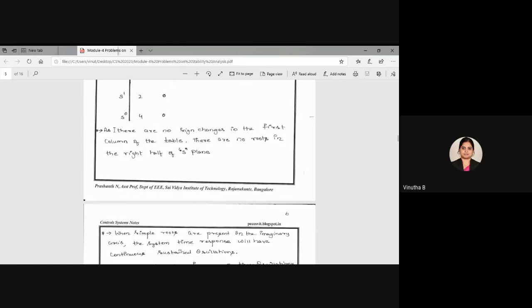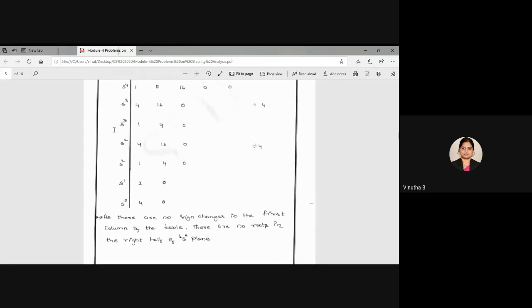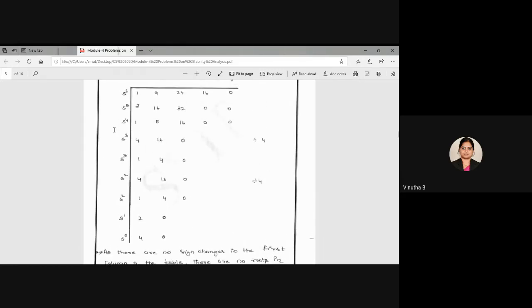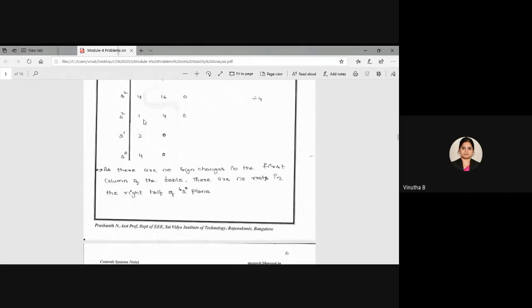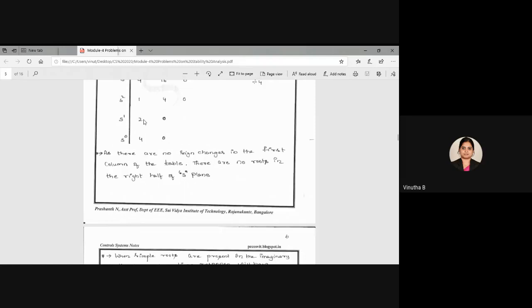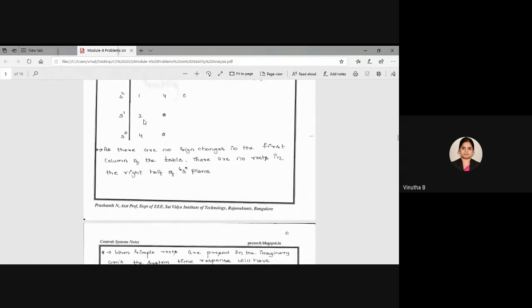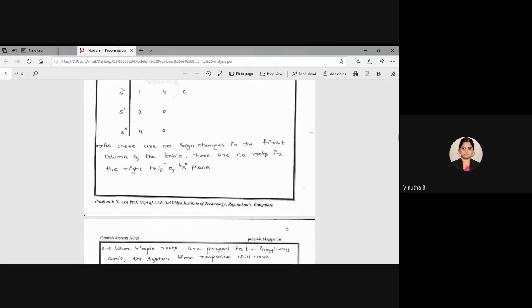So now you can consider the first column of the entire route table and all the values are positive. So here what is the conclusion they have written? As there are no sign changes in the first column of the table, there are no roots in the right half of S plane.